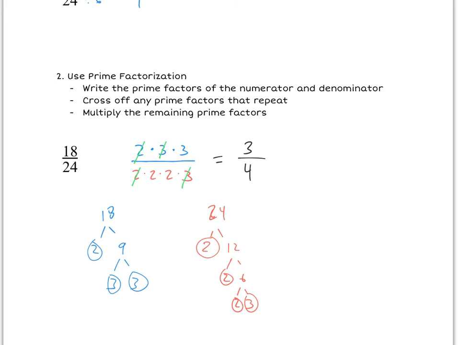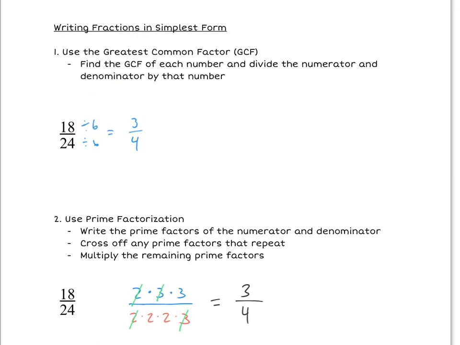Now, can I show you the way that I really like to do? I'm going to put it next to this greatest common factor one. I look at the number 18. We're going to start with 18 over 24. I see that 18 is an even number and that 24 is an even number. So to me, that means 2 fits into both. Would you agree? Both even numbers.